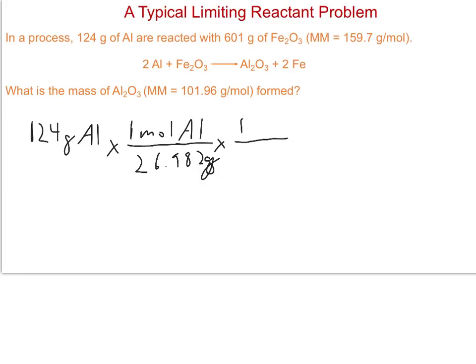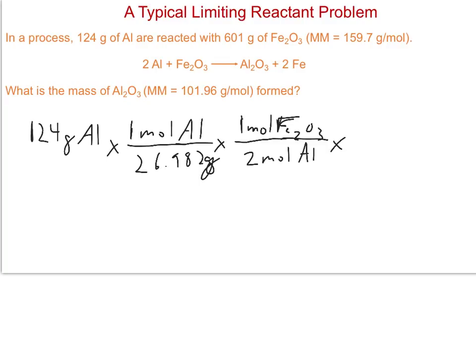You have 1 mole of Fe2O3 reacting with 2 moles of aluminum. I'm just using the balanced chemical equation.